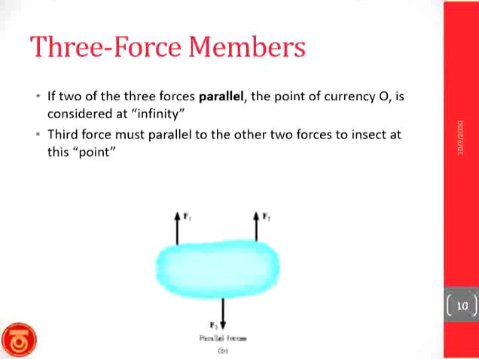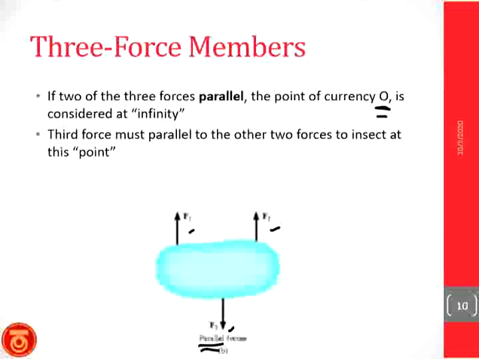And if the three forces are parallel, the point of concurrency O is considered to be at infinity. So for example here, we have F1, F2 and F3, but all three forces are parallel forces, so there is no center point.